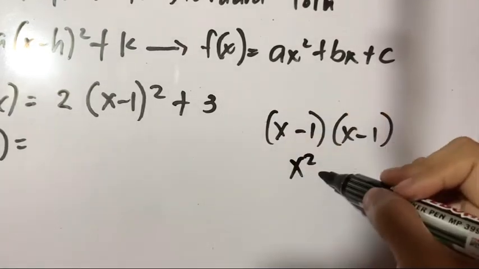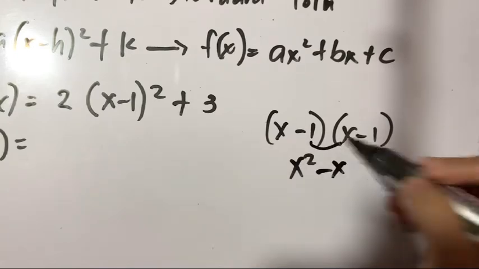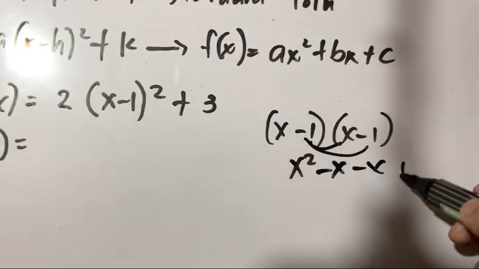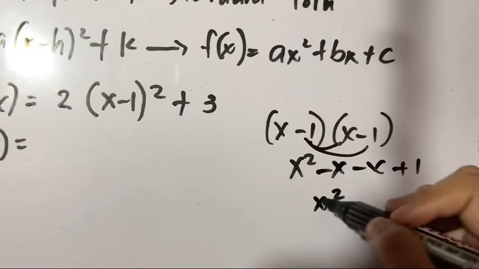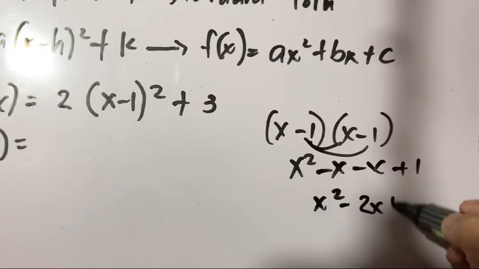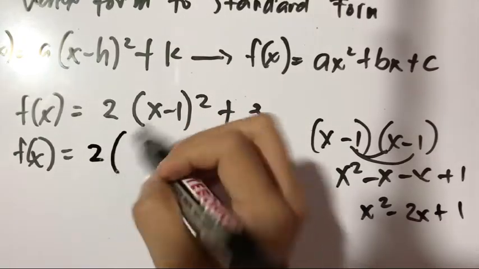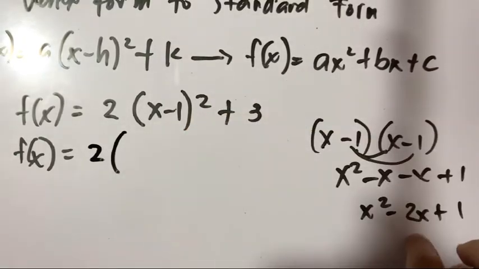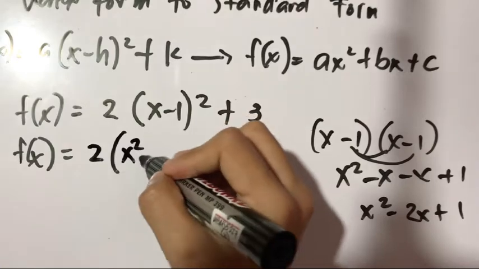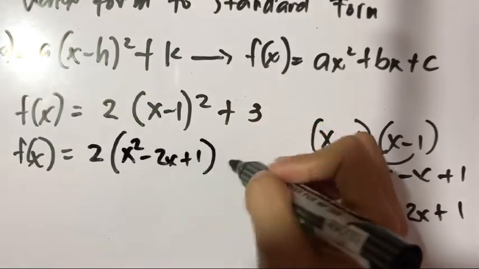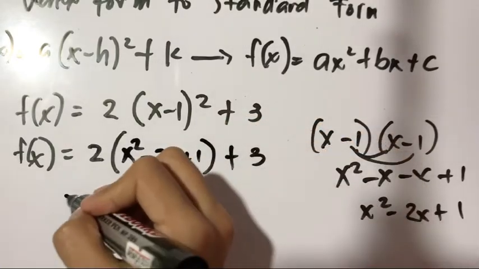X times negative 1, we have negative x, and this is negative x. We have positive 1, so we get x squared minus 2x plus 1, no? So x minus 1 squared is just equivalent to x squared minus 2x plus 1, plus 3.